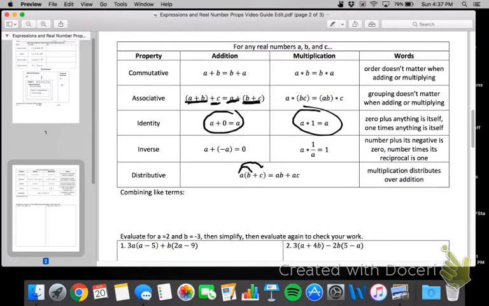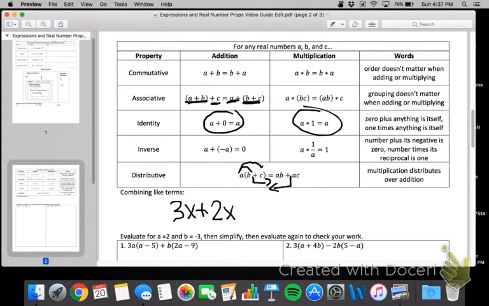So if we were to take a very common mathematical phrase, 3x plus 2x. What we're going to do here is we're going to use the distributive property but going backwards. So normally you're used to going this way with the distributive property, but it can also be used to go this way.